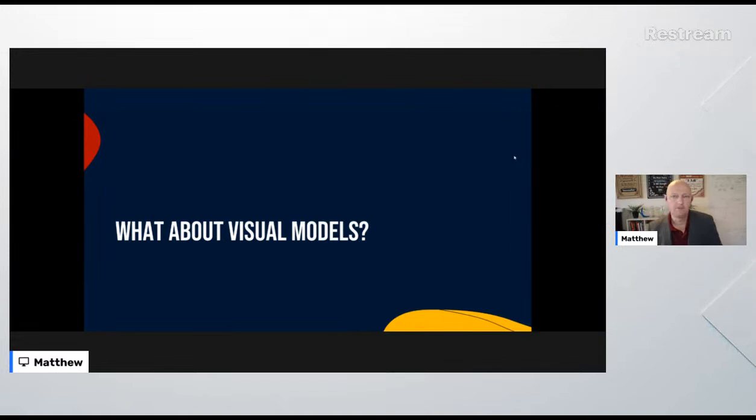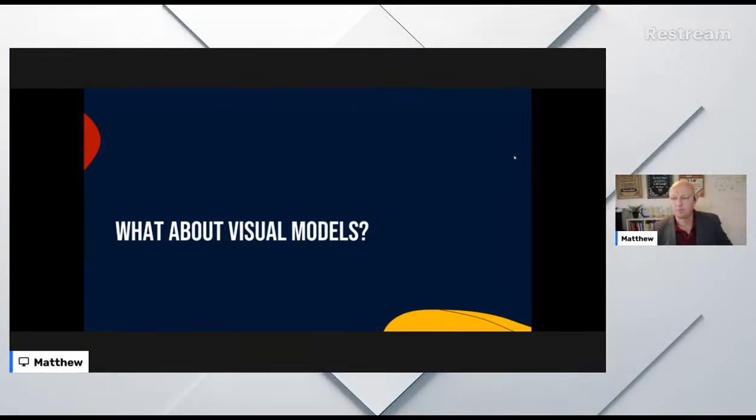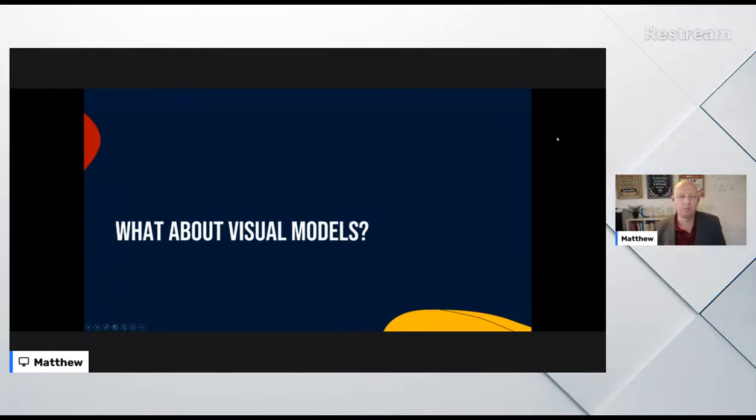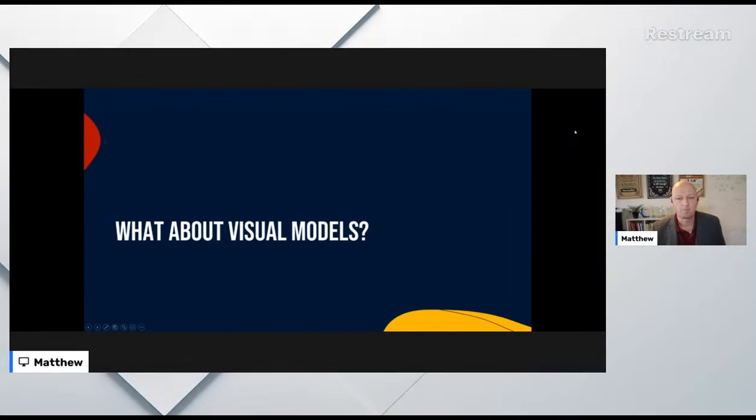Okay, whereas a visual model is probably more targeted at telling a bit more of a story and is very much focused on a specific thing. So we want to look at a visual model that tells a bigger story, tells a process, explains the benefits, or a whole range of different things like that.